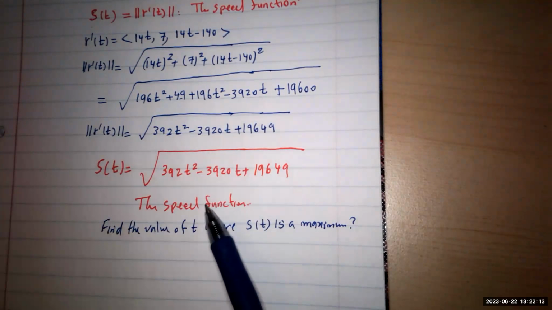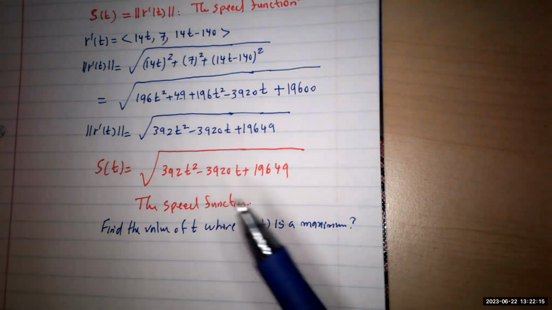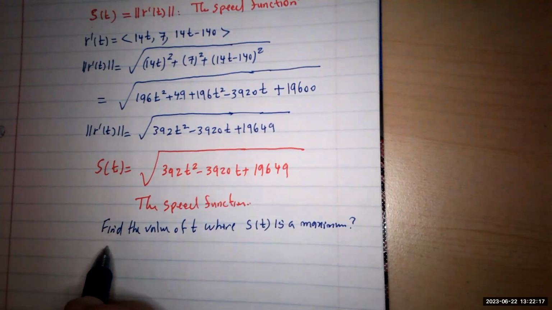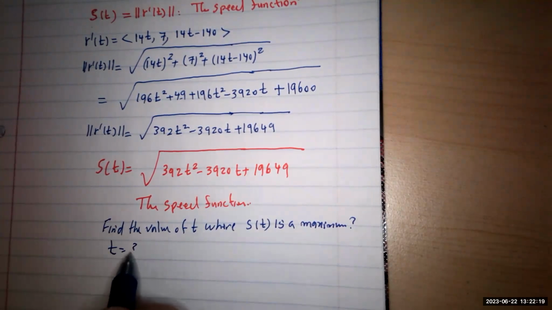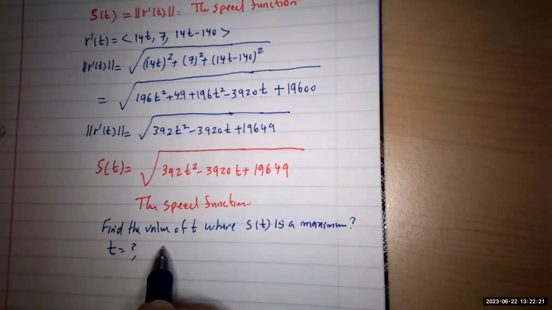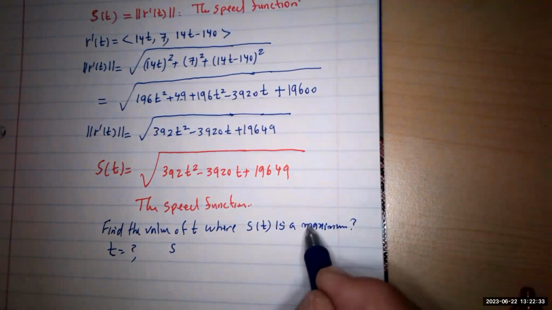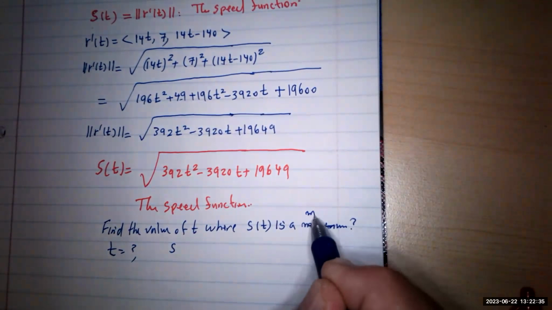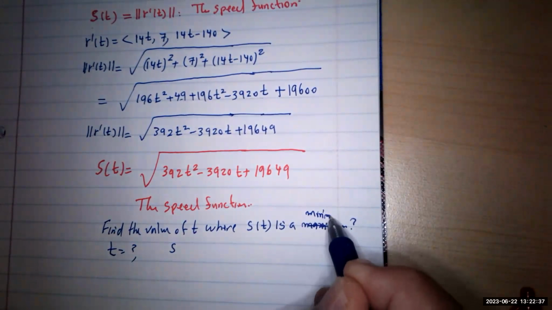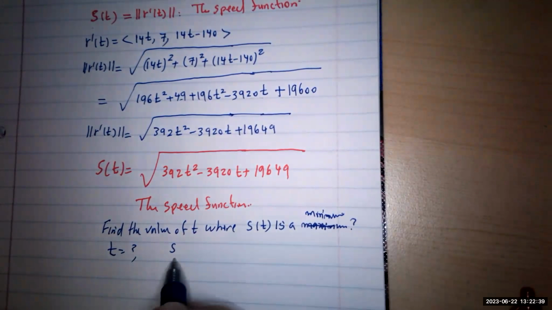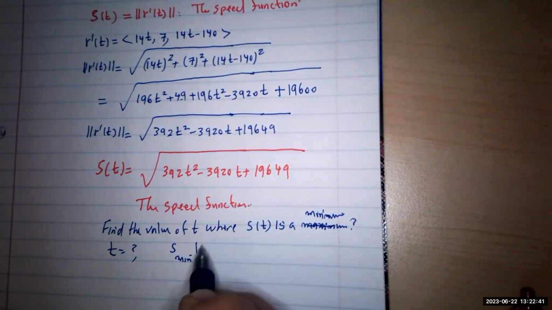So you want to find the value of t so that this is going to be a maximum or a minimum. In this case, I think it's a minimum. So you want to find when this is going to be a minimum.